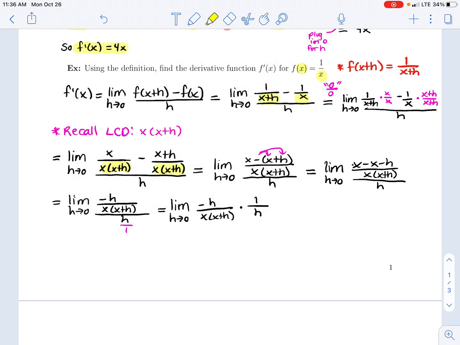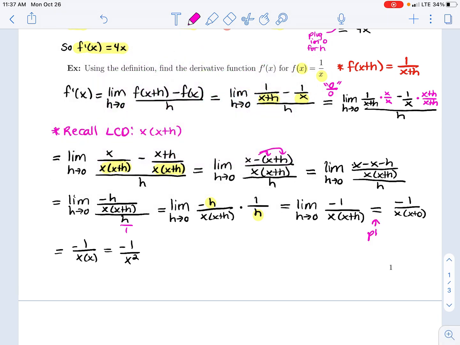And so now these h's cancel. And so what I'm left with is the limit as h approaches 0 of negative 1 over x times x plus h. And so now at this stage, I want to plug in 0 for h. And so I get negative 1 over x times x plus 0. And so what I'm left with is negative 1 over x times x, which is equal to negative 1 over x squared.